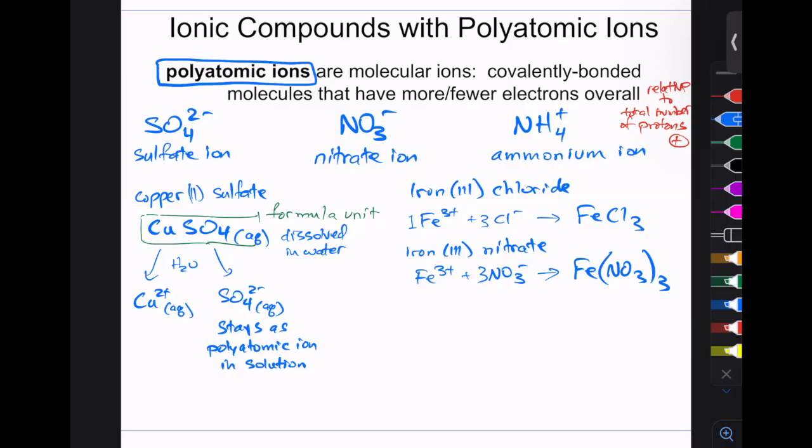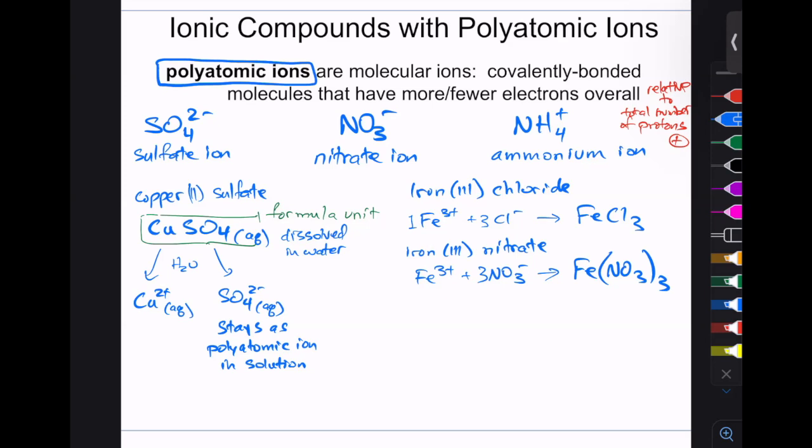Now, if there's just one, you don't need to put the parentheses. So like with copper sulfate, there was only 1 sulfate ion. So I could have put parentheses around it, but because it's just one, we don't do that. So you do have to get used to recognizing your polyatomic ions. I do try to use the same ones over and over again, both in lab and in lecture, so you get used to seeing them, right?